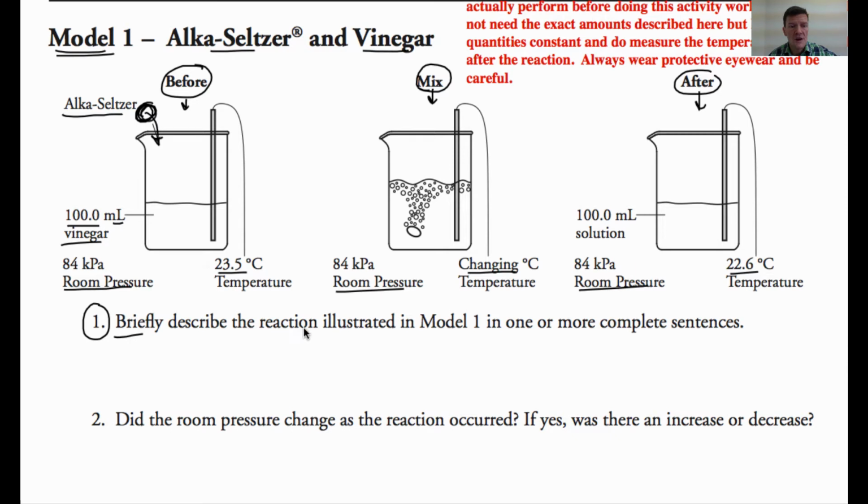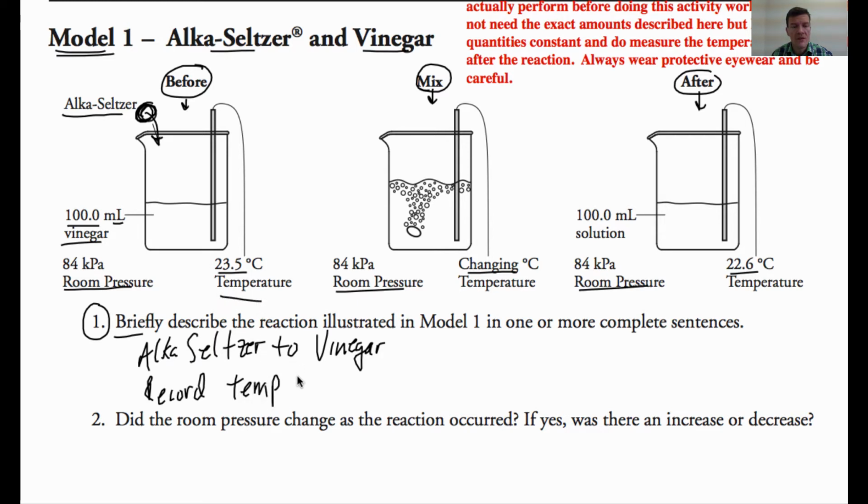It says here, briefly describe the reaction illustrated in Model 1 in one or more complete sentences. Basically what you need to do here is just say that you are adding the Alka-Seltzer to vinegar. You are going to record temperature, as you can see here, and pressure.